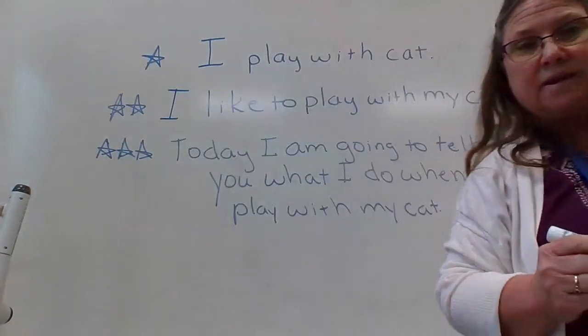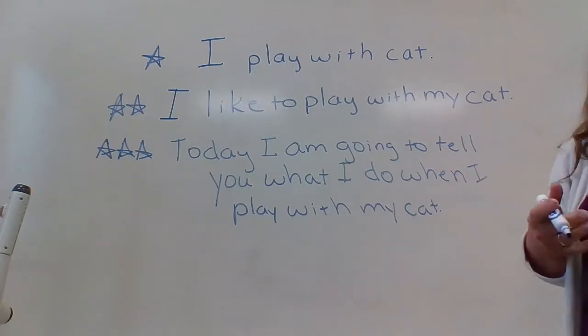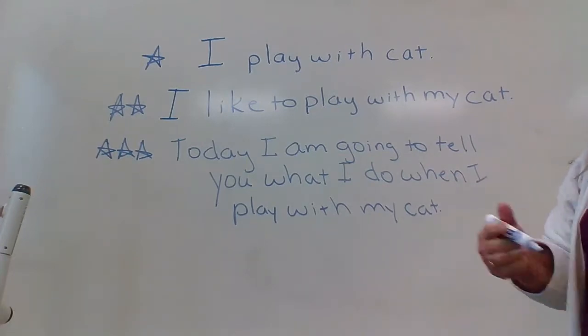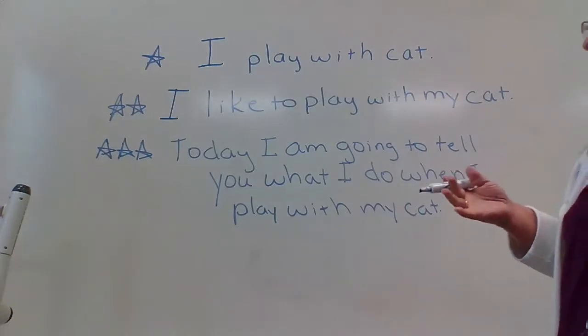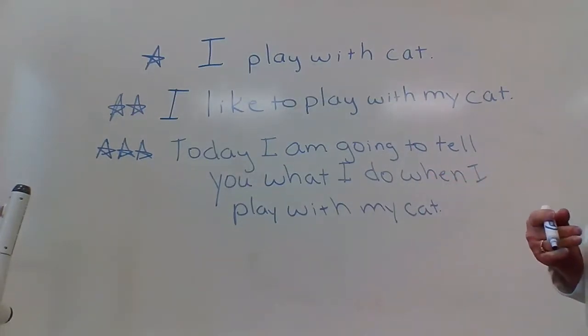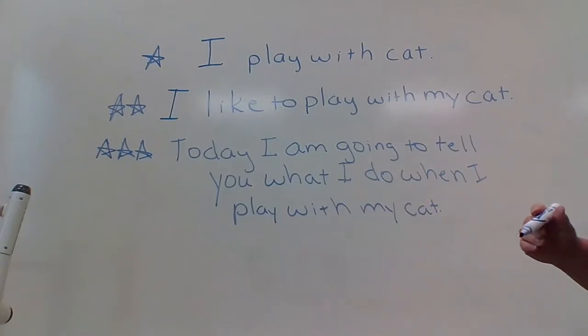Hey, that's better. Today I'm going to tell you what I do when I play with my cat. So you're telling me, okay, you're going to tell me some things that you do with your cat. And you're telling me when? Today. So that would be 3 stars. That's a good sentence. That's a good sentence for 3 stars, okay?